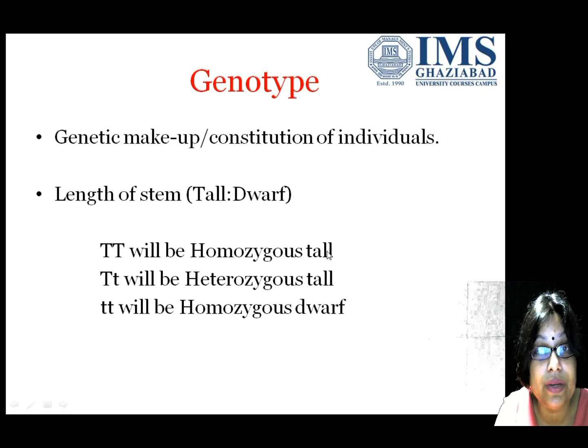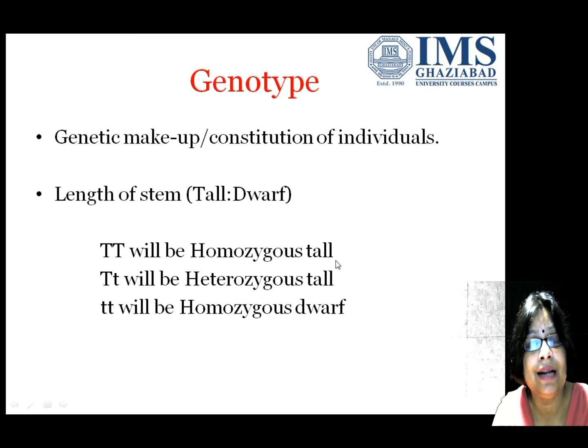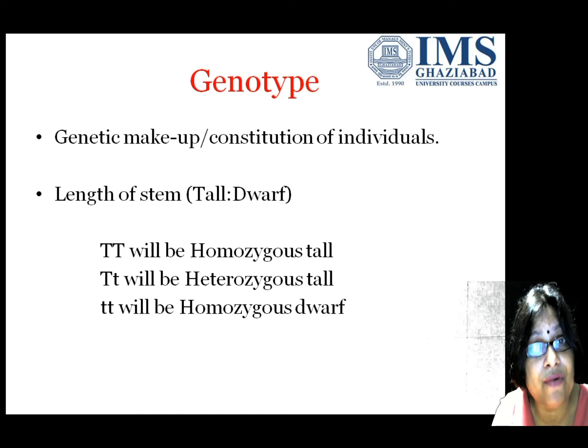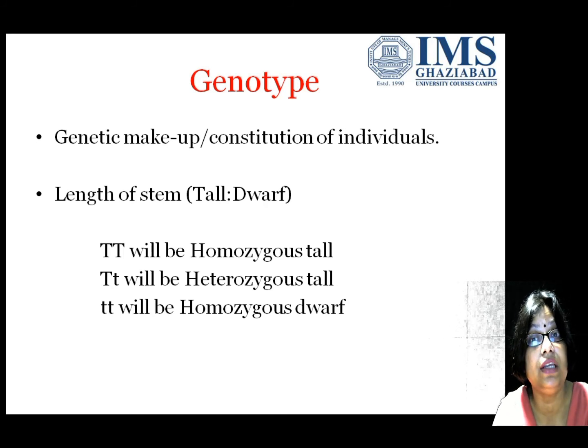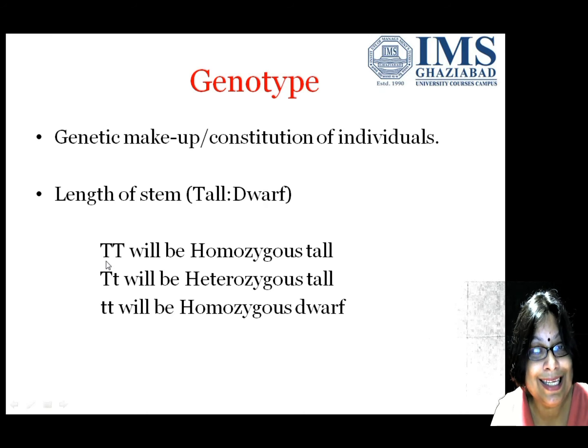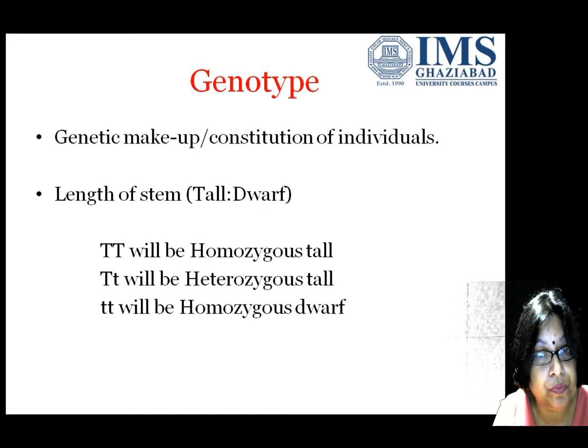Now, here what we are defining, just make it clear. We are not saying that the individual is tall or dwarf. We are finding what is the constitution of the gene in this particular individual. When capital T and capital T is present, it is homozygous tall.